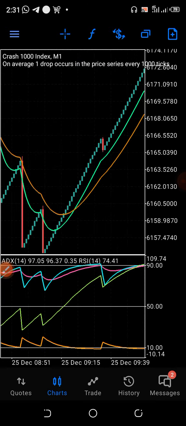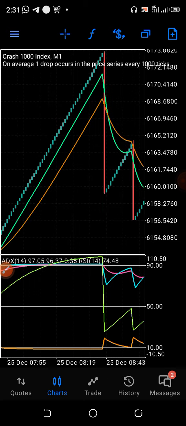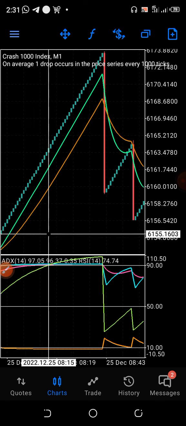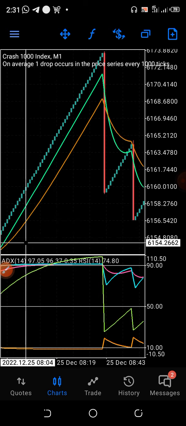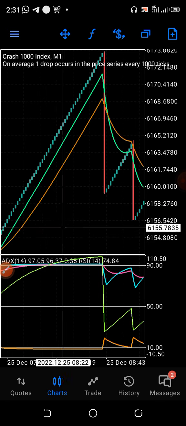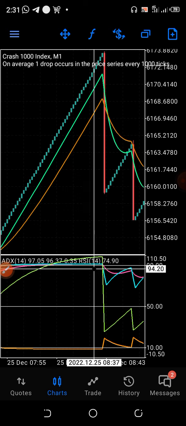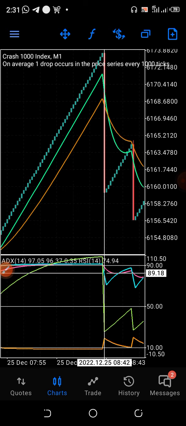Now let me show you where these things are very, very important. Look at this place. If you see this very place, the whole of these lines crossed together. All of them crossed together, and they were going above the 90. So as they were going above the 90, a spike will come.